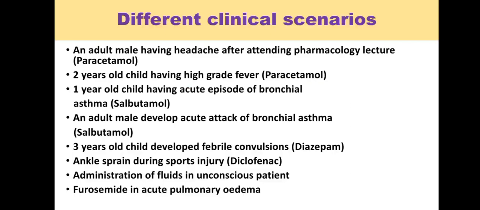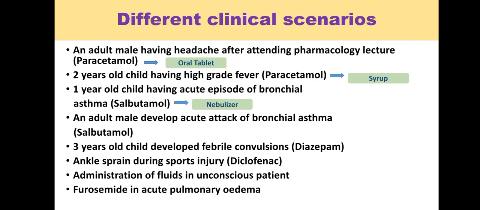So again, just quickly revise this. In an adult male having a headache after attending the lecture, oral tablet. A 2-year-old child having fever, a syrup. A 1-year-old child having an acute episode of bronchial asthma, nebulizer.